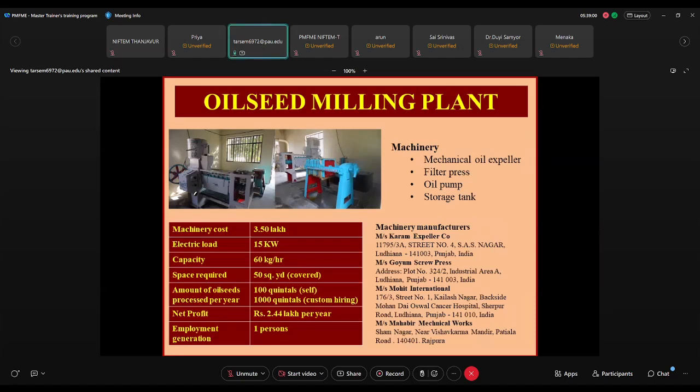The edible oils can be obtained from oil seeds like mustard, sunflower, groundnut, etc., but can also be obtained from oil bearing materials. Oil bearing material means which are not the oil seeds, like rice bran. Rice bran is an oil bearing material.